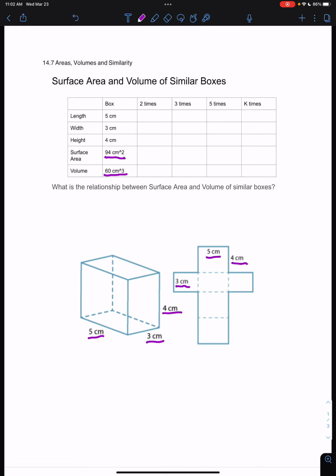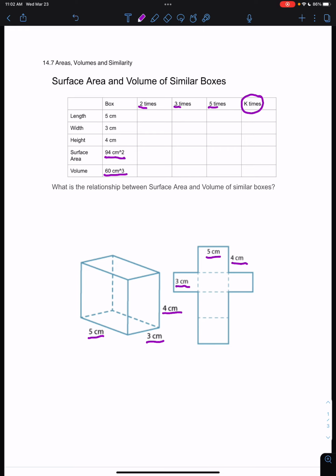Now, what we want to find out is what is the impact if we create a similar figure using different scale factors. And in this case, our scale factors are 2, 3, 5, and then we want to see if we can figure out an overall relationship between surface area and volume of similar boxes or similar figures.